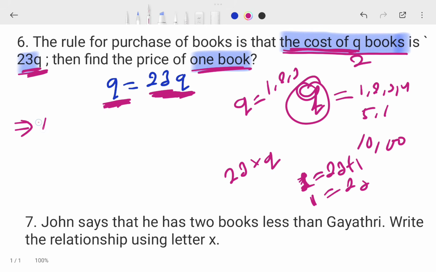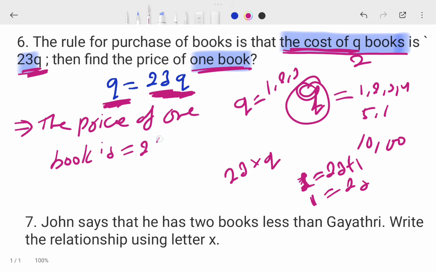So write the answer. The price of one book is 23. Why is it 23? Because the price of one book, q means what? The cost of q book is 23.